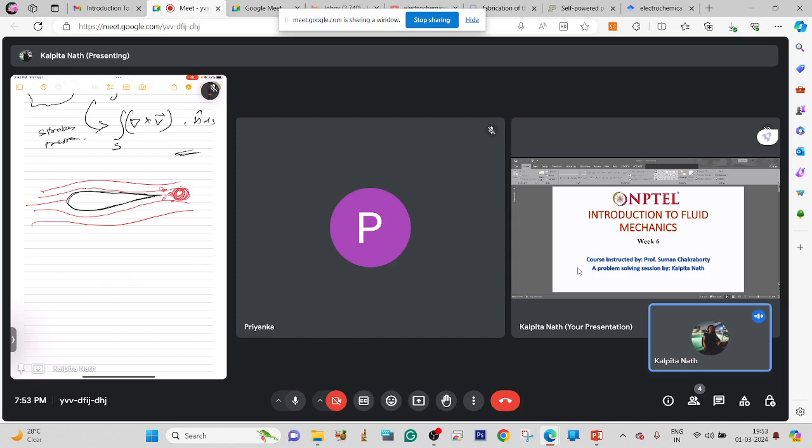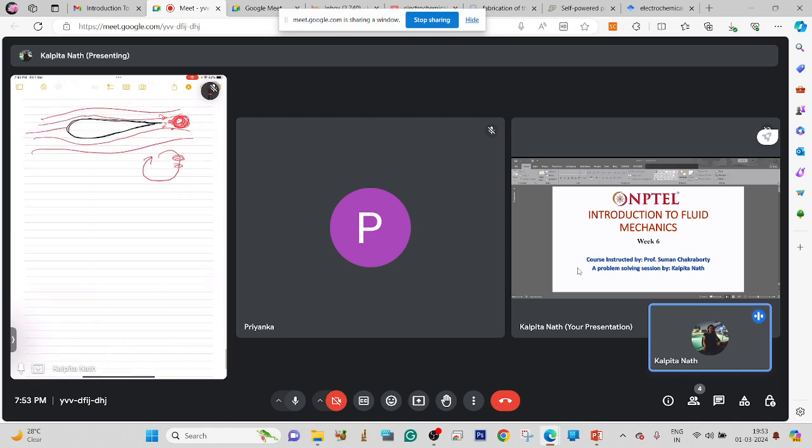They'll be rotating about their own axis. Apart from rotation like this, they'll be rotating about themselves also. This is called vorticity.